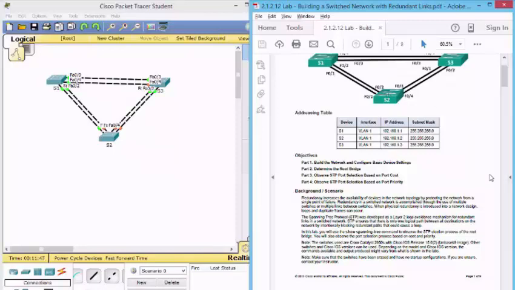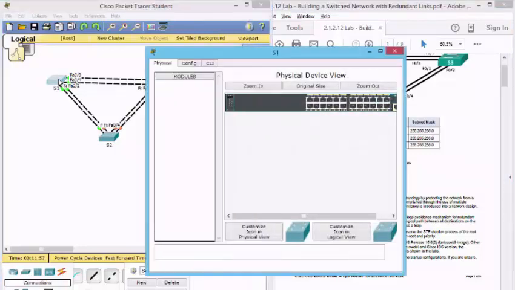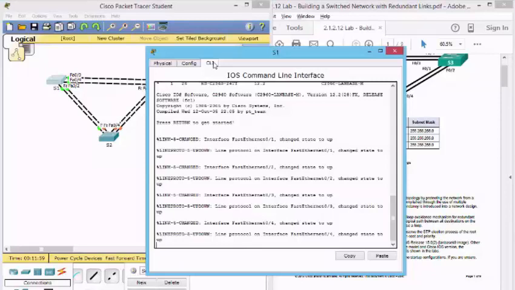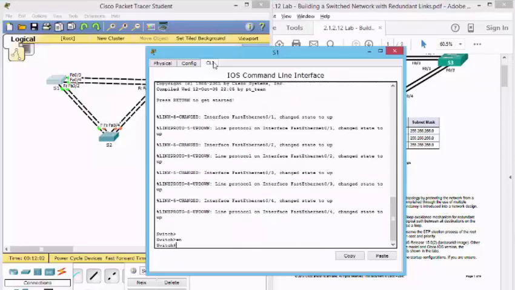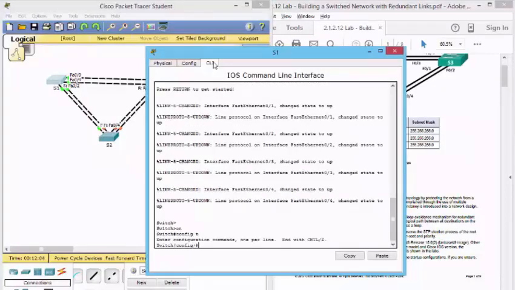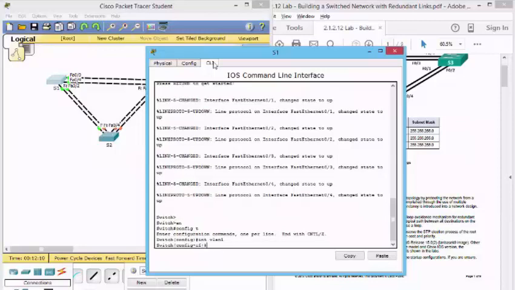And now let's configure the IP address for VLAN 1 of switch 1. We go to the command line and we do enable, config t, and now we type interface VLAN 1, and now IP address. What is the IP address of VLAN 1?